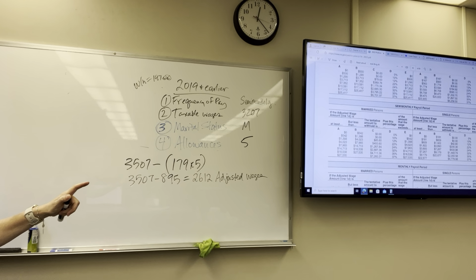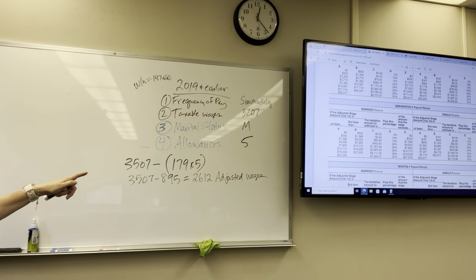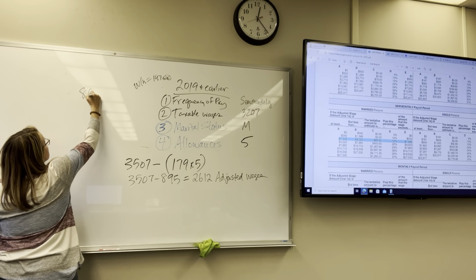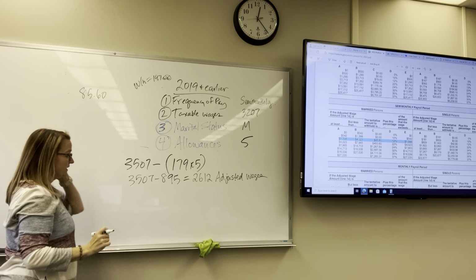We've got a semi-monthly payroll period and we're married, so we're going to use this table here. Our adjusted wages fall between $1,398 and $4,023. That's the calculation we're going to use. So our tentative amount, $85.60. Let's put that over to the side. And then we'll do the calculation for the rest.